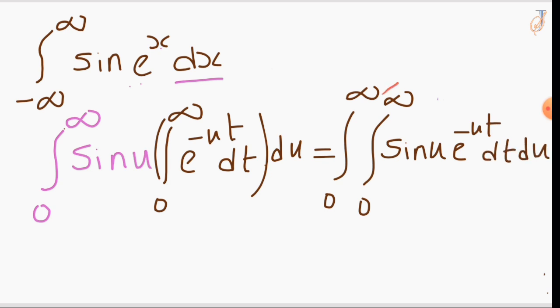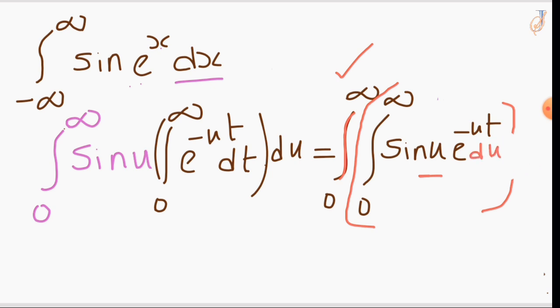Let's take only one integral, 0 to infinity of sin u e^(-ut) du, in terms of u, and the dt we just keep outside. Now take this inside part, considered as equation 1: the integral from 0 to infinity of sin u e^(-ut) du. We are taking only this inside function.